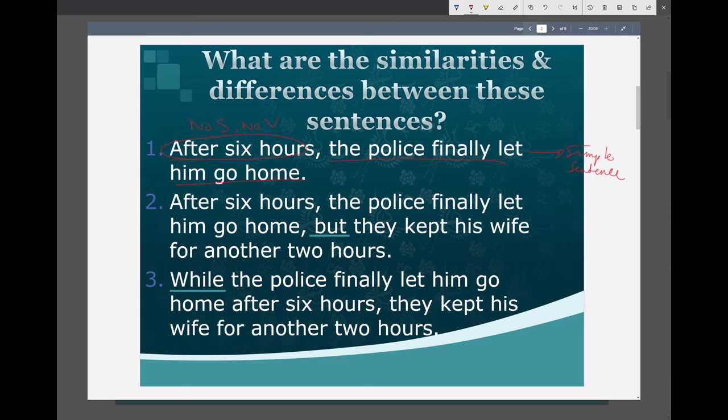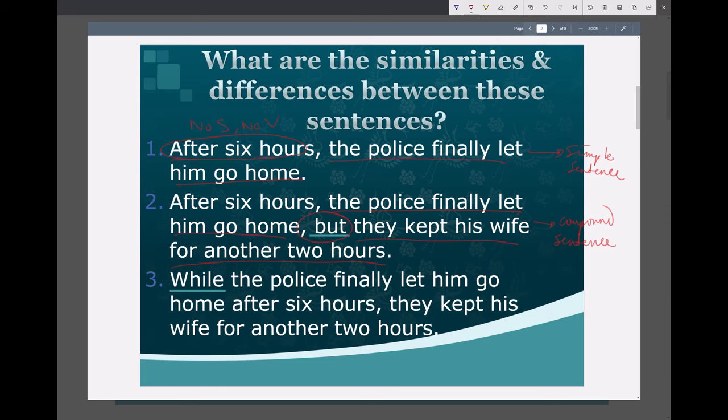After 6 hours, police finally let him go home, but they kept his wife for another 2 hours. What do you think this is? If you said compound sentence, you are correct. First hint, you got a comma and a coordinating conjunction, which only happens in compound sentences.